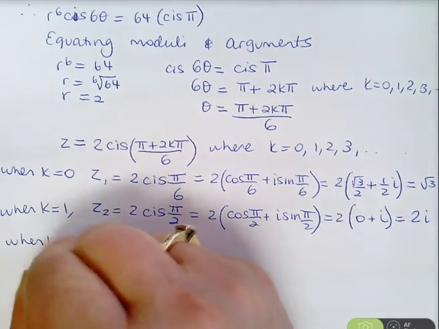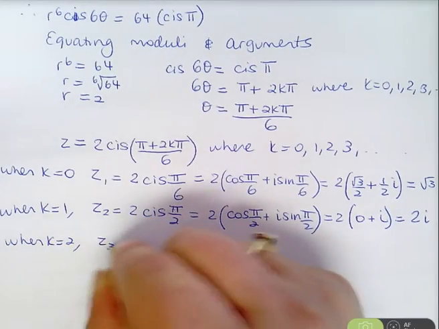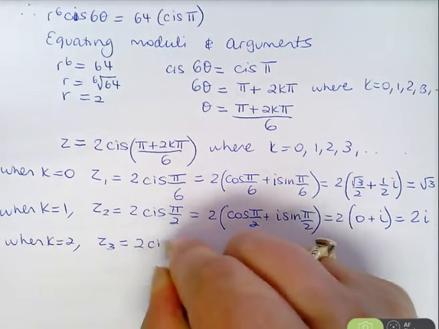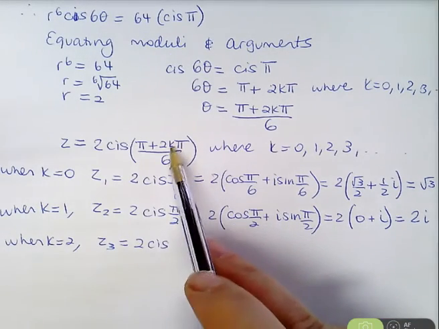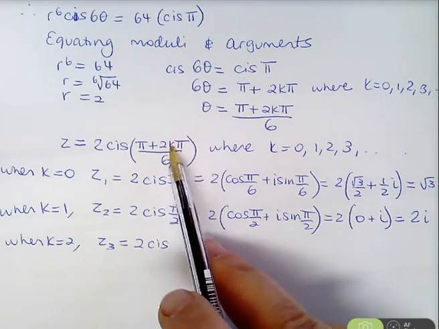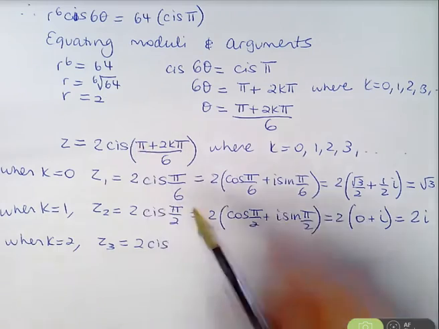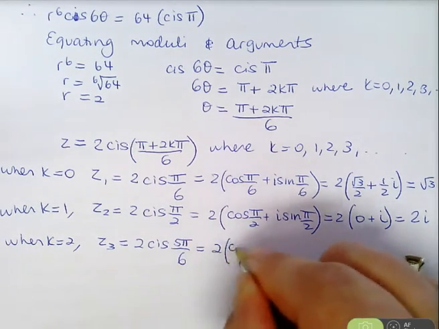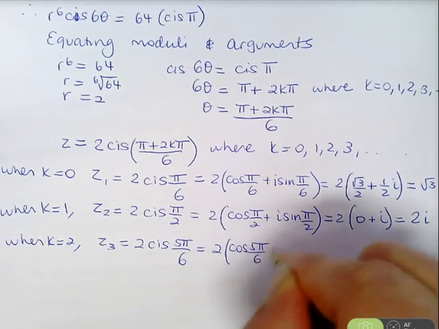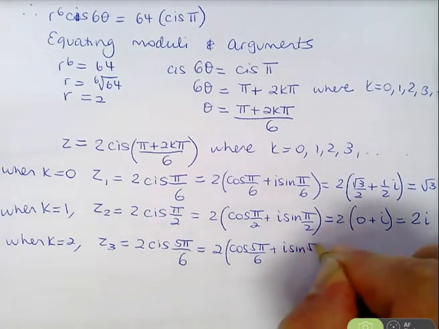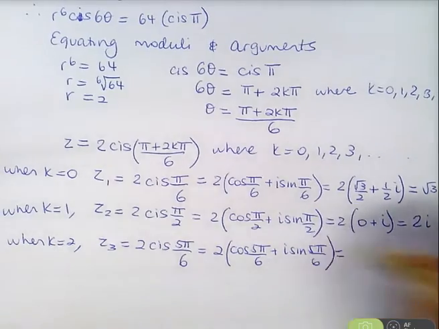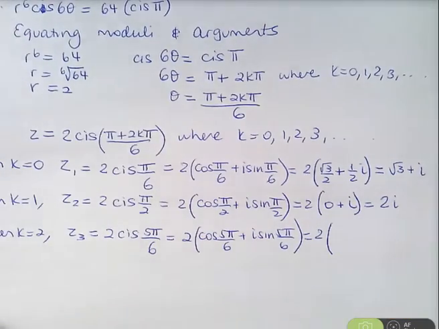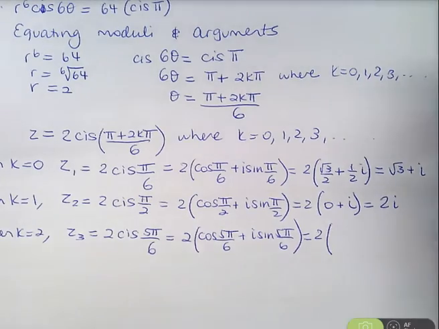Next, when k is 2, this is my third root. z3 is 2 times cis. If k is 2, I'll get 2 times 2, that's 4 pi plus 1 pi is 5 pi, so it's 5 pi on 6. So that's 2 cos 5 pi on 6 plus i sine 5 pi on 6, which is 2 times... now for cos of 5 pi on 6, I'll do a little sketch.